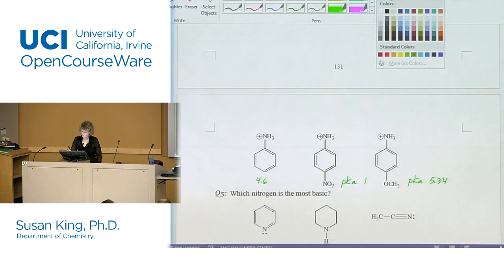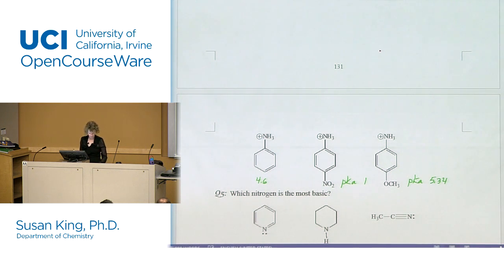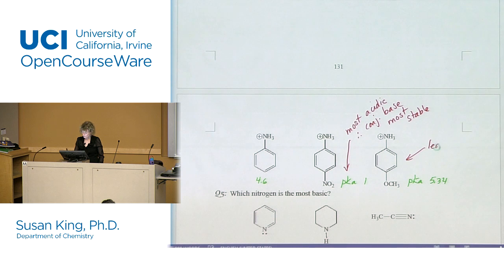And that's always nice when we can use our predicting ability and we find out that we're actually right with what we think. So most acidic here. Therefore, the conjugate base is the most stable, just as we predicted. This one here is least acidic. Therefore, the conjugate base is least stable.